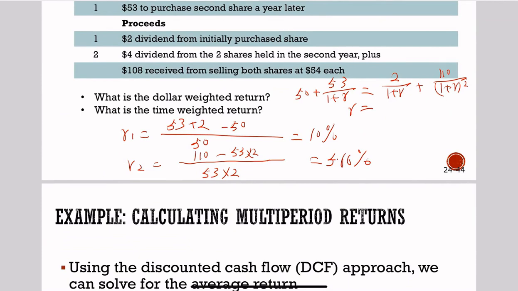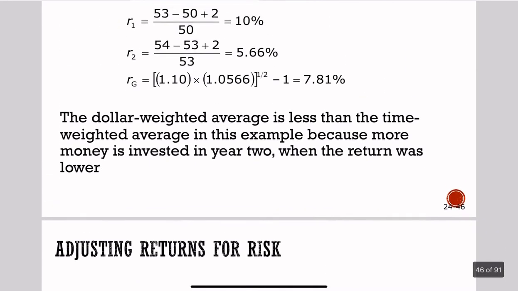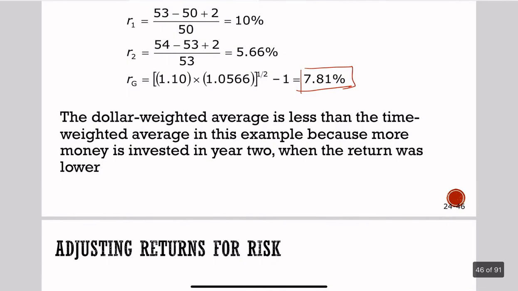And then it's time weighted, so you will calculate the geometric average, which is 1 plus R1 times 1 plus R2, to the power of 1 over 2, minus 1. So this gives us a number of 7.81%.